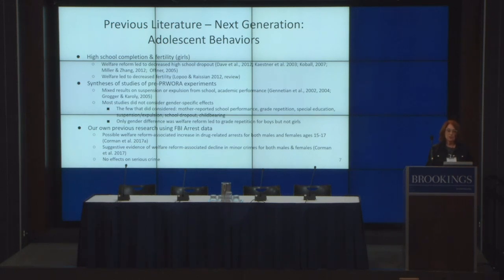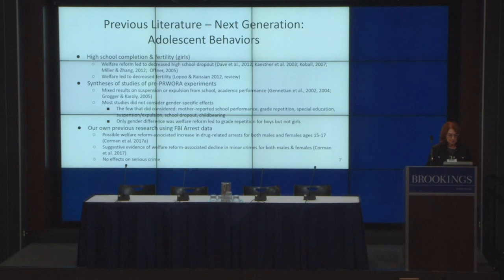And another group of research looked at actual experiments that were generally very geographically isolated in nature, where before the actual federal legislation, there were community and state experiments on what if we did this versus this, and they were really more controlled to some extent, but not blind experiments. And most of these studies also did not look at teens and did not look at gender.